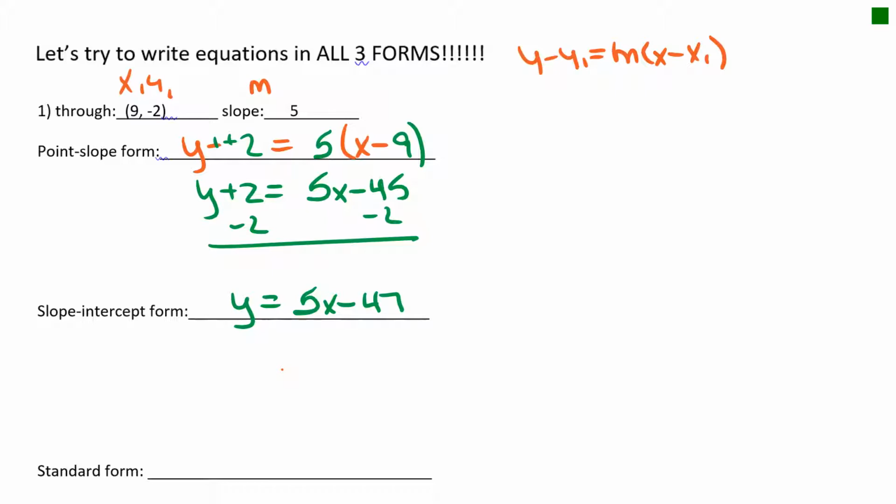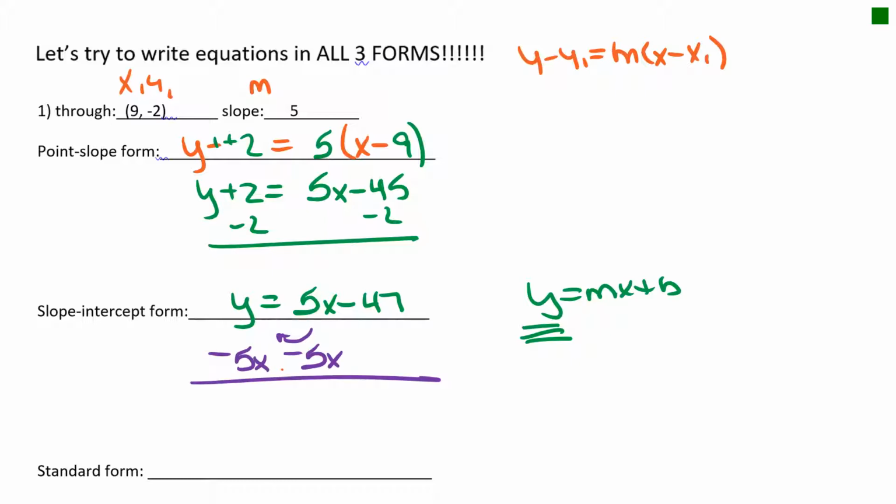From there, we need the standard form of slope-intercept. I should write that over here for you. Y equals mx plus b. Remember, that's get the y alone. Then we want to go to standard form. So I'm going to move the 5x over by subtracting it. So I have a mess. I have negative 5x plus y equals negative 47.